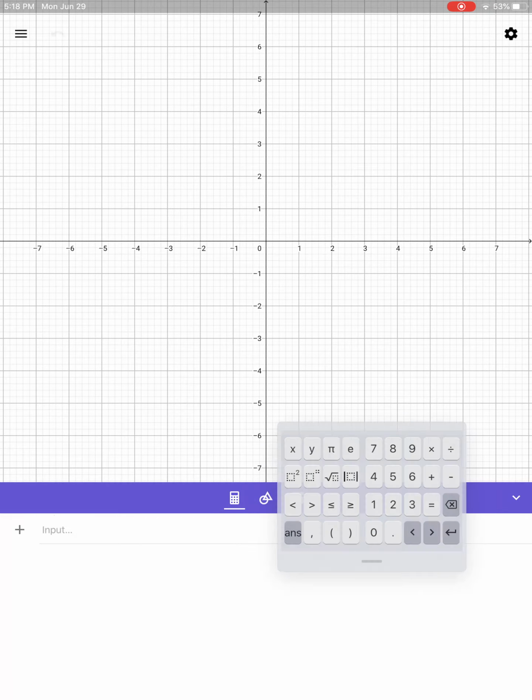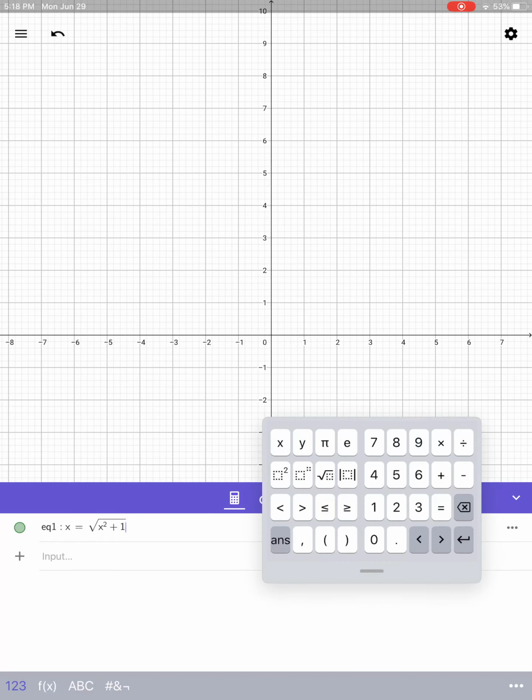I'm sorry, I just typed it wrong. Okay, y is equal to square root of x square minus 1.